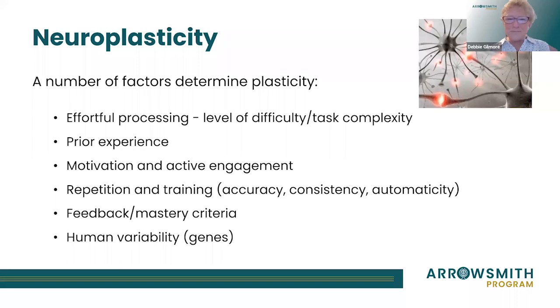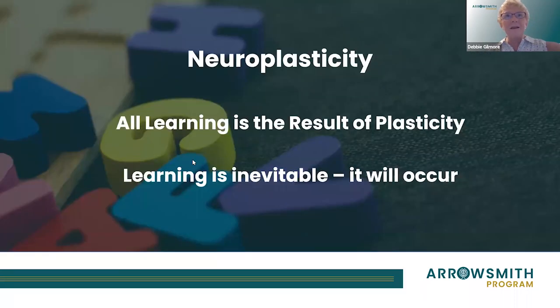We're all individuals. Another takeaway is all learning is a result of plasticity, and learning is inevitable. It will occur. We can't not learn. So it's important to know that as we go through our lives and engage in the activities that we do.